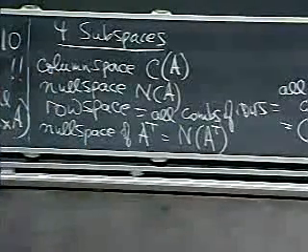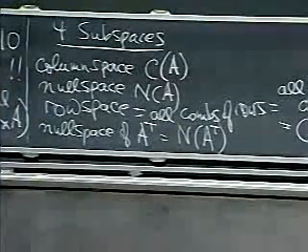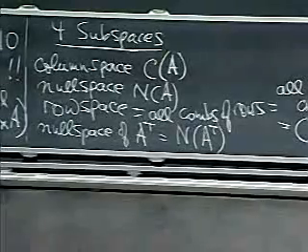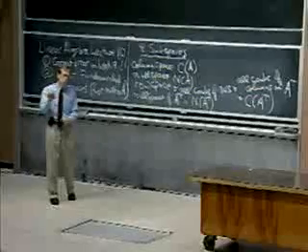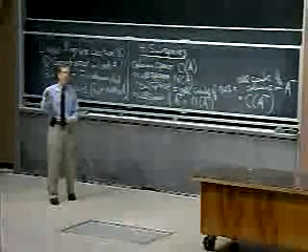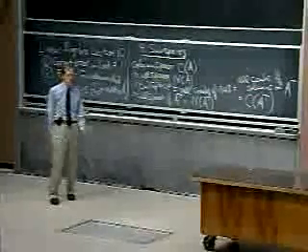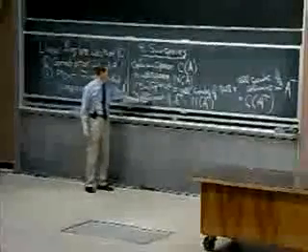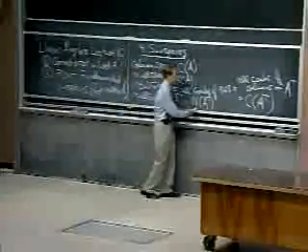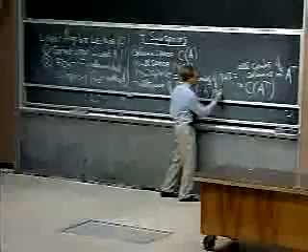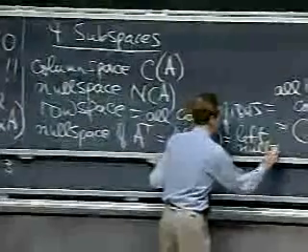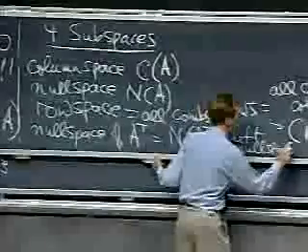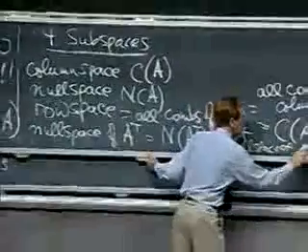We don't have a perfect name for this space as connecting with A, but our usual name is the left null space, and I'll show you why in a moment. So often I call this, just to write that word, the left null space of A.